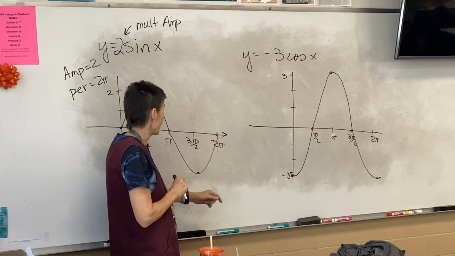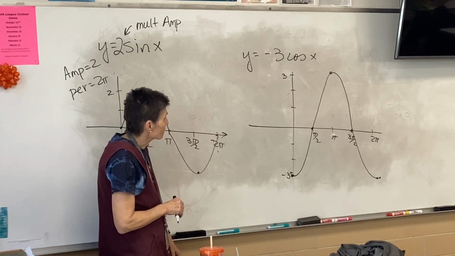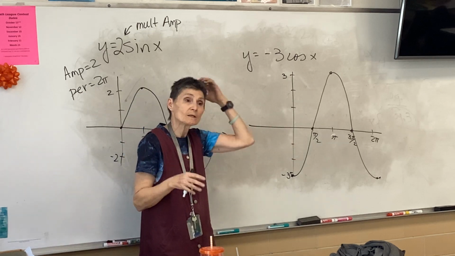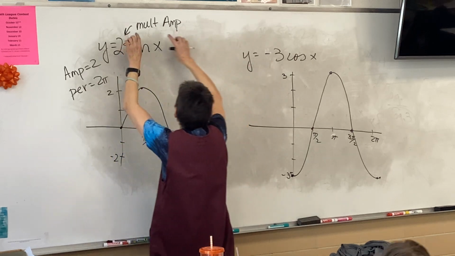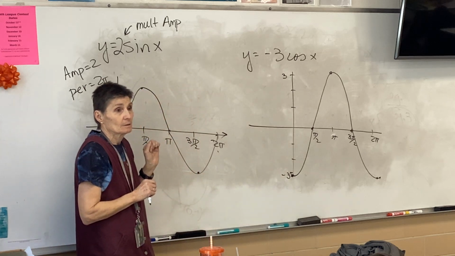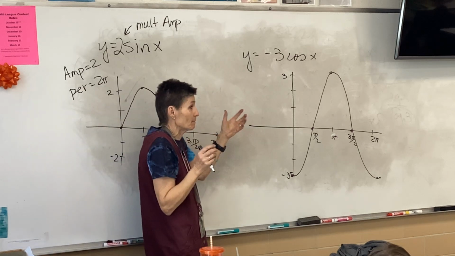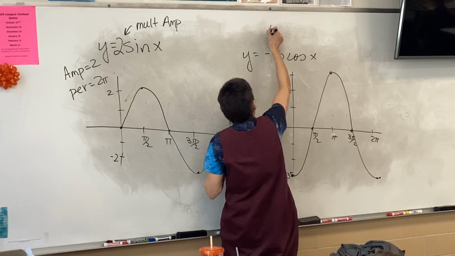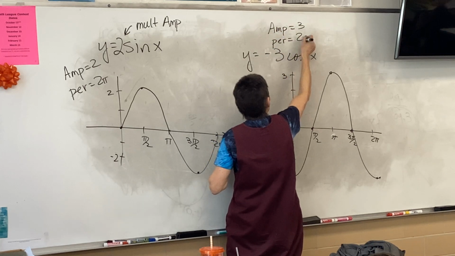I sometimes forget, like here, but try to remember to do that. Notice my horizontal labels haven't changed because a number out in front changes the amplitude. There's no other numbers in the problem, so the only number I have is in front, and it's going to change the amplitude. The amplitude of this is 3, and the period is still 2 pi.